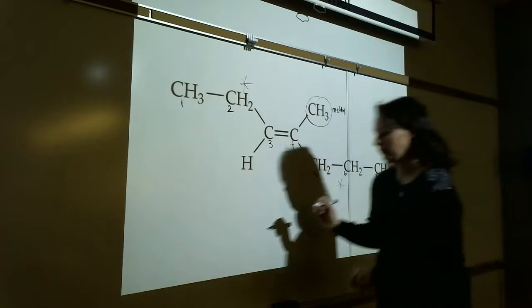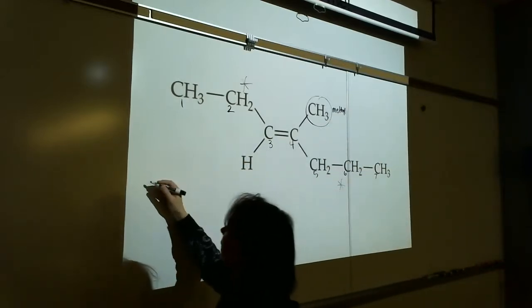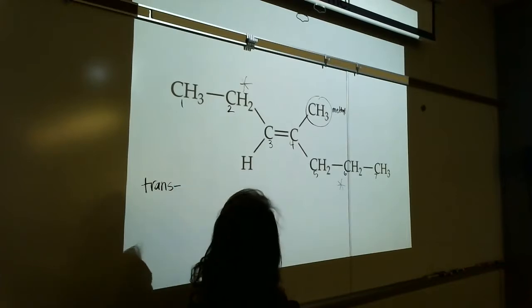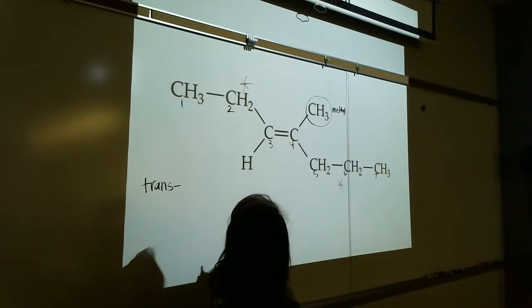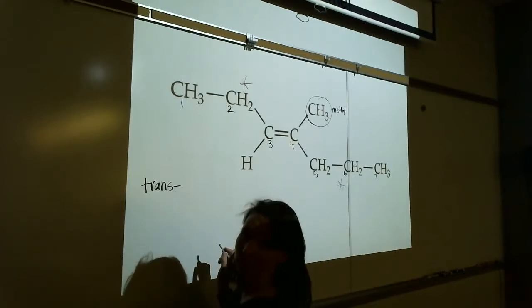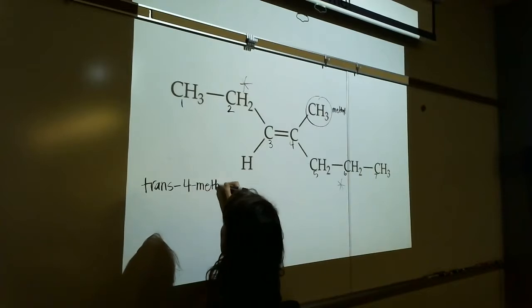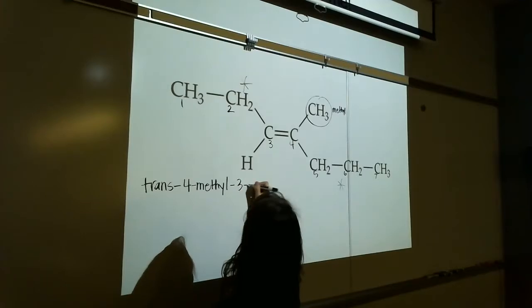Trans, right. So this would be trans. And then what? Do I have a substituent? Yeah, 4-methyl. Then what? 3-heptene. Right.